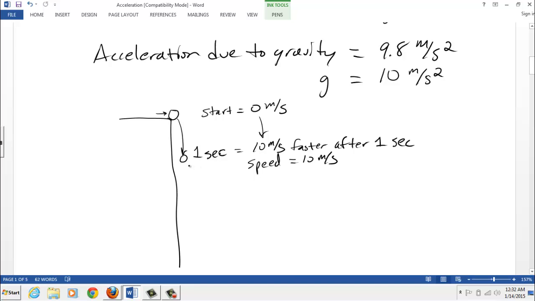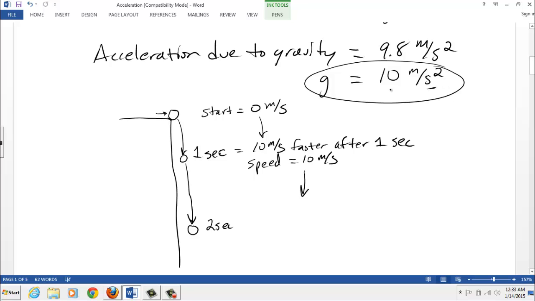Then let's let it travel another second. It starts at 10 meters per second, and after 2 seconds it's going even faster. How much faster? It began at 10 meters per second, and the acceleration is that for every second it goes 10 meters per second faster.